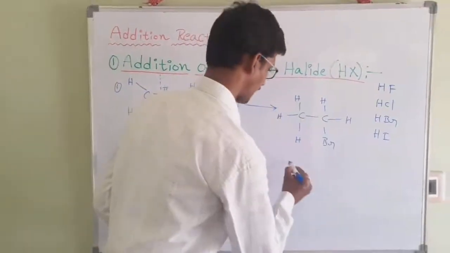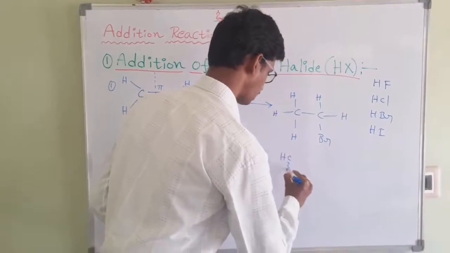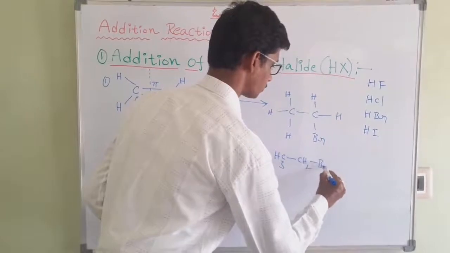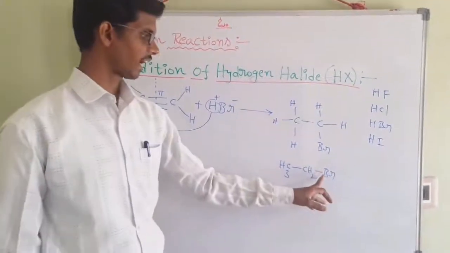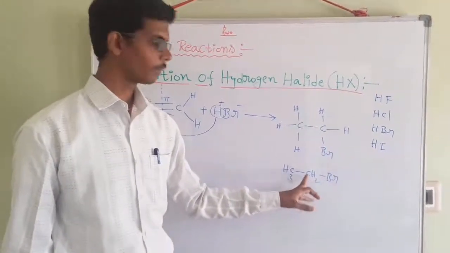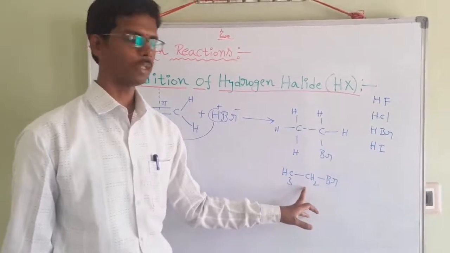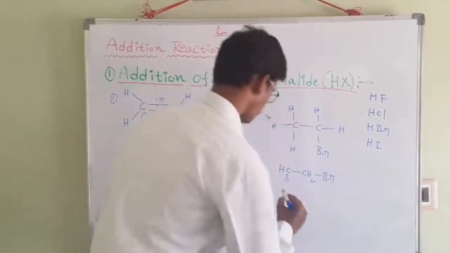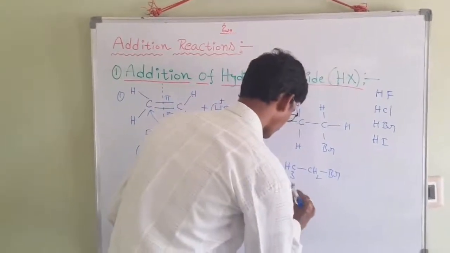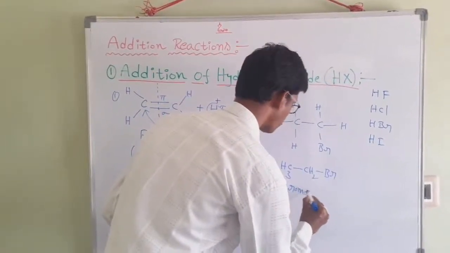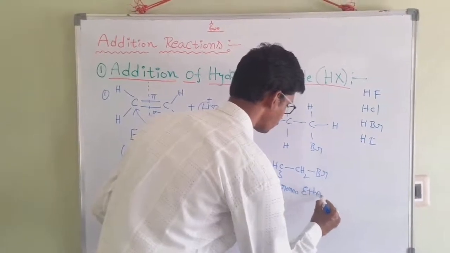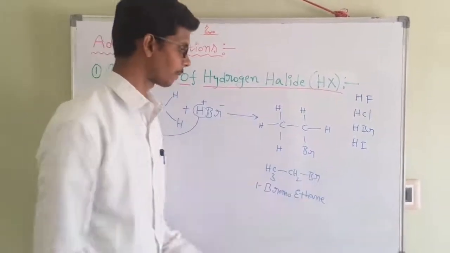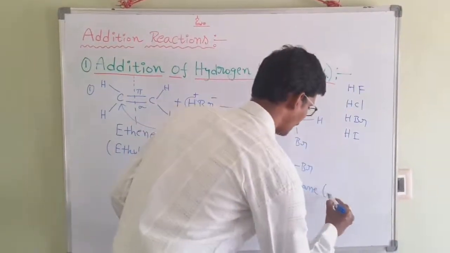This is called bromoethane. 1-bromoethane is the IUPAC name. The common name is ethyl bromide.